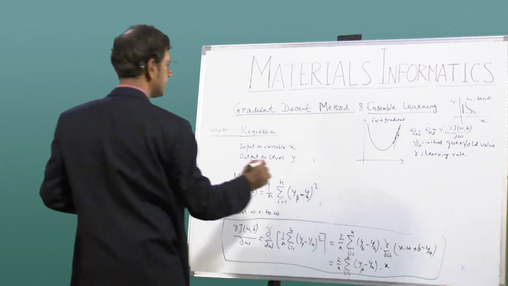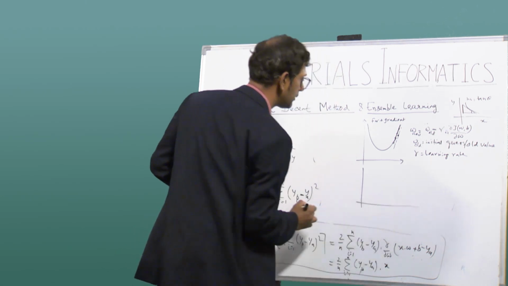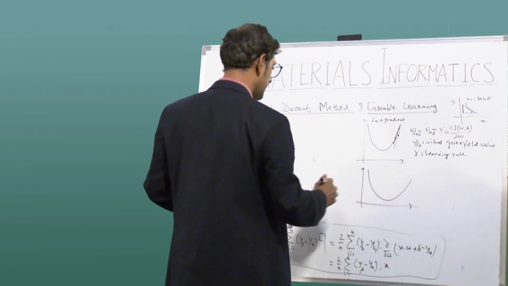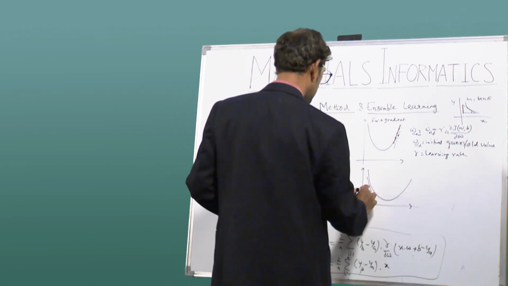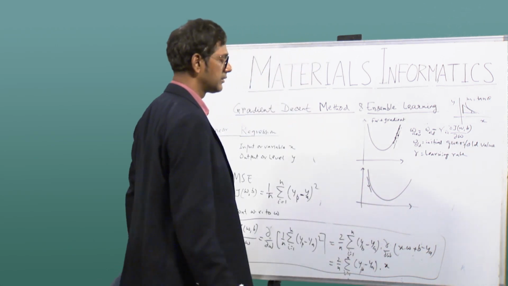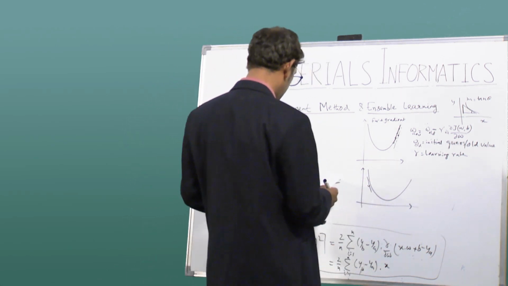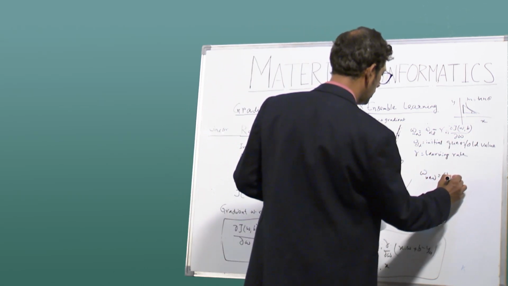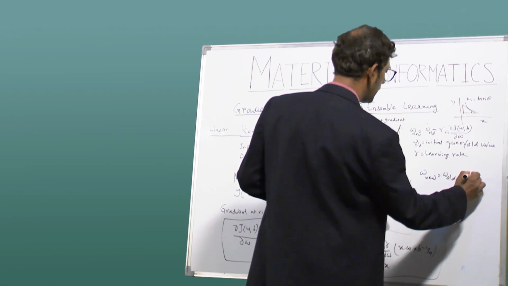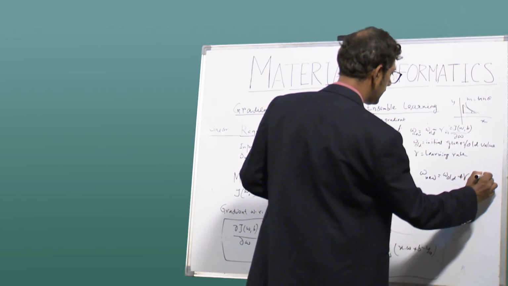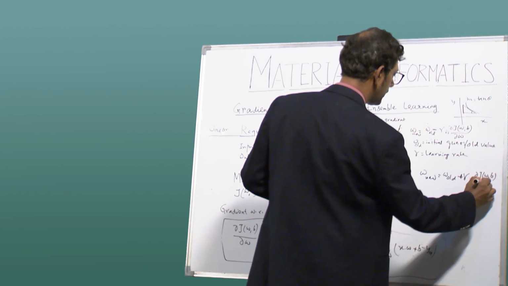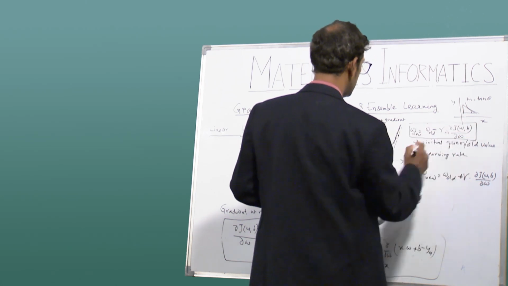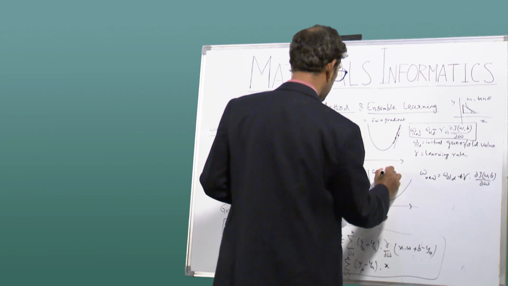If I have a negative gradient, and I am coming down here, since it is negative, W new will be W old plus gamma multiplied by dJ(W, b) by dW. Okay. So, this is for the positive gradient and this is for the negative gradient.